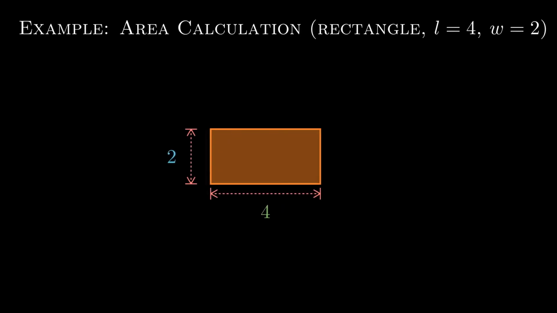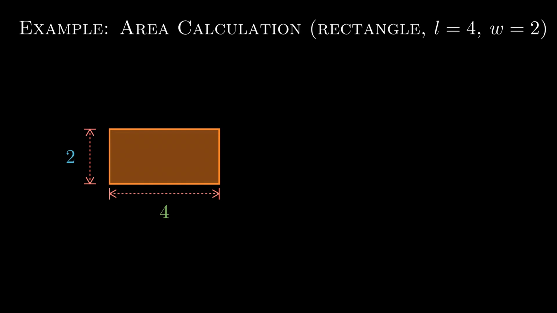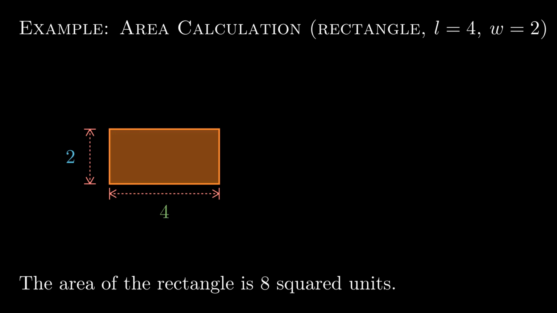Okay, so now let's go for a more complex example, which is a rectangle of length 4 and width 2. Again, try to find the answer. If you find it, congratulations. For those of you who want to know, the answer is 8 squared units. Again, it's the same strategy. You try to fit some unit squares inside this rectangle.